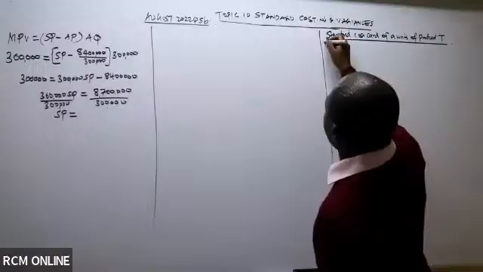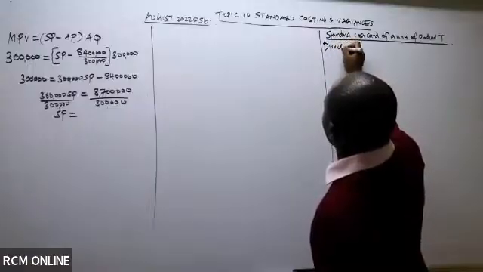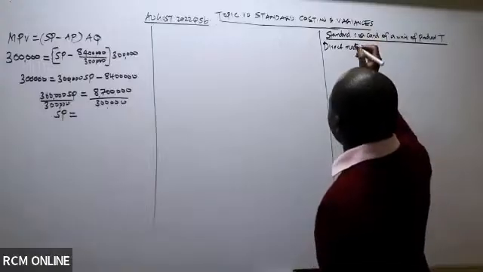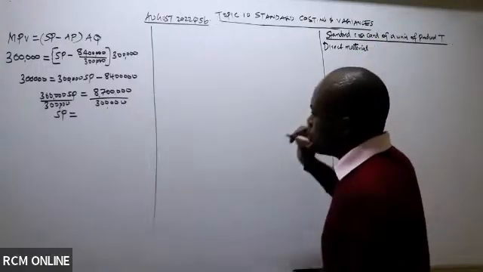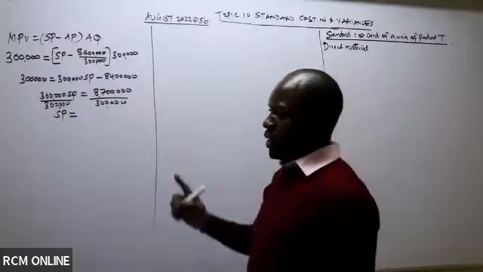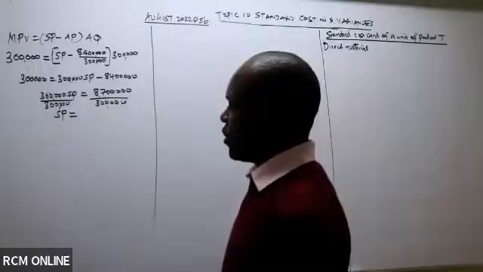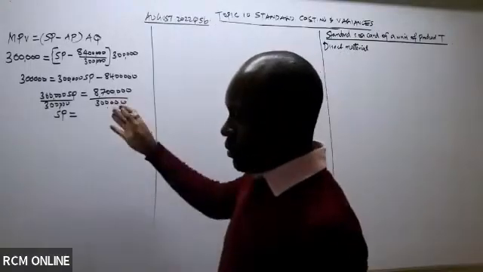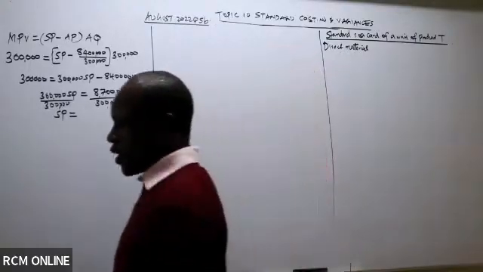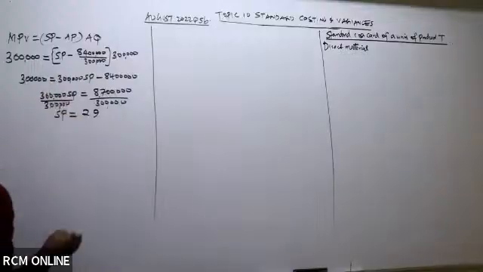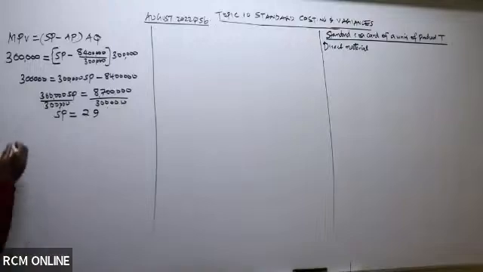It was direct material. How many kgs do we need to produce 1 unit of T? We still don't have standard quantity per unit, but we already have standard price. So what are you getting? 29. Good.